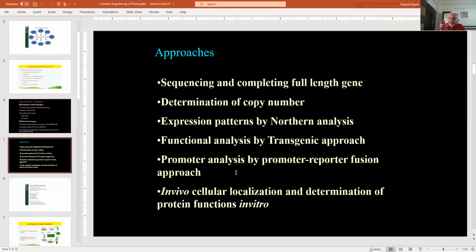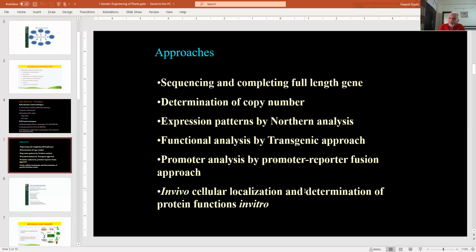And lastly, you have to determine the in vivo cellular localization, where this protein is localized within the cell: organelle, whether it is located in the nucleus, mitochondria, chloroplast, or is a cytosolic protein, whether it is associated with the cell membrane. So that's also a very important aspect in gene characterization.